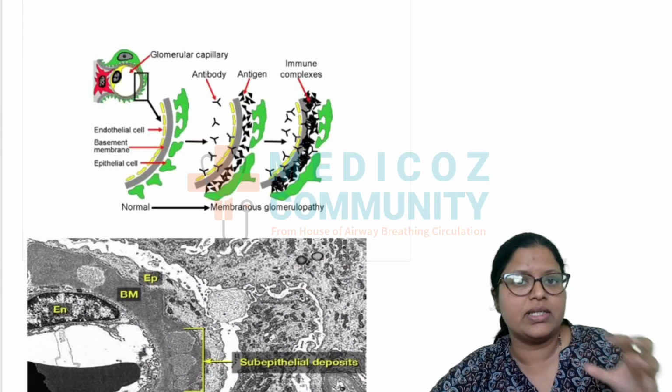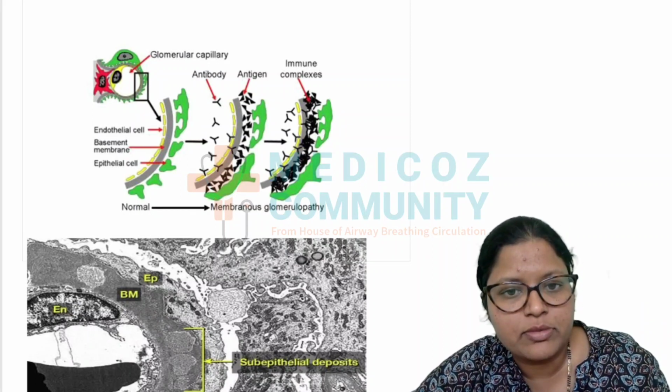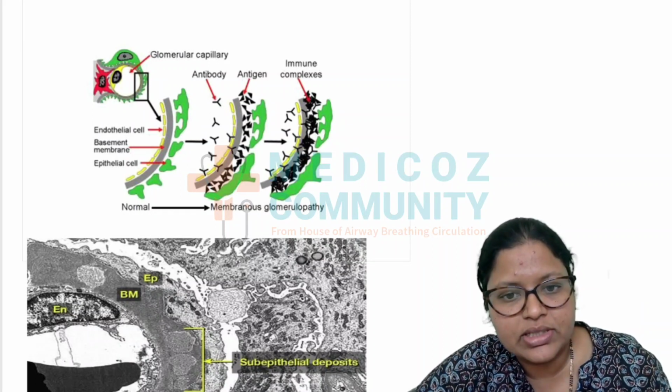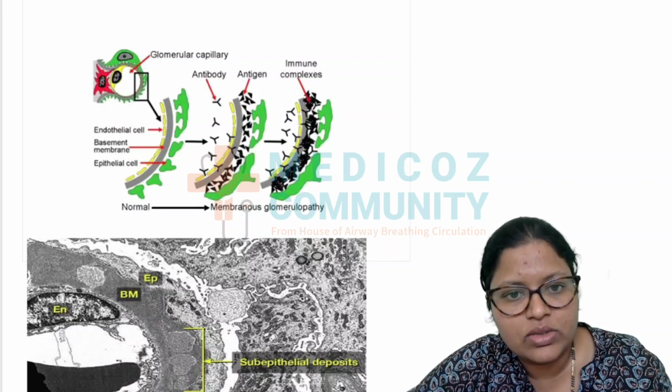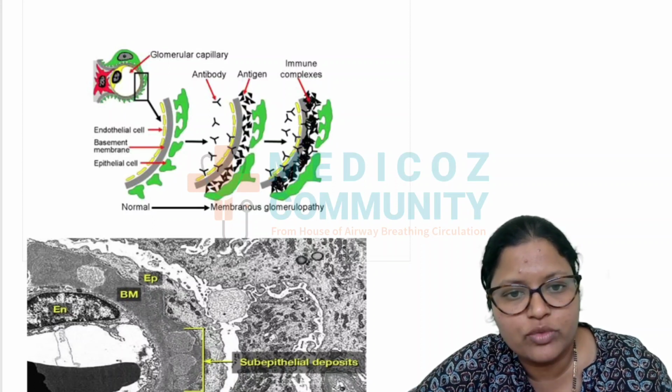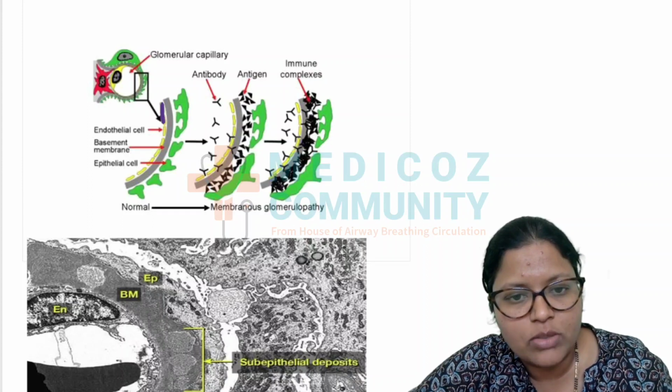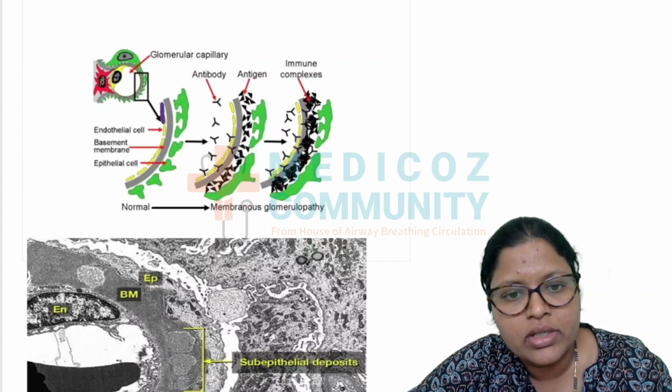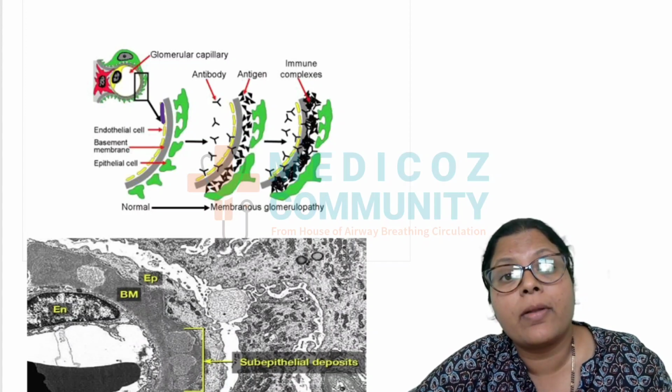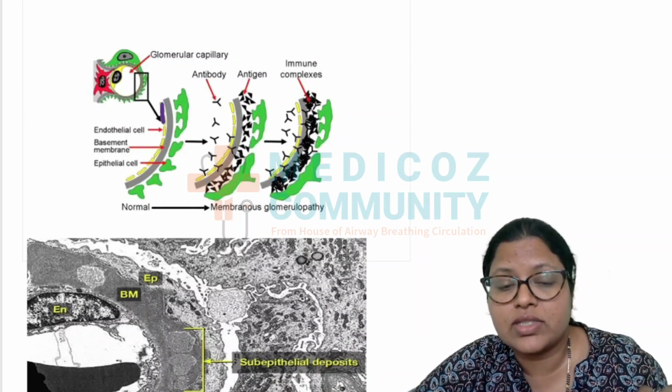Membranous glomerulopathy is where antigen antibody complexes are being formed and they get deposited. Now, this is the same diagram which I drew for you. Okay, so this yellow thing is your endothelial cell, your glomerular basement membrane, and this green thing is your visceral podocytes, okay, visceral epithelial cells.